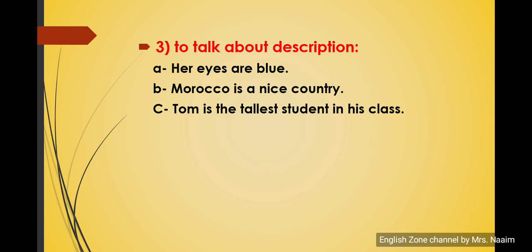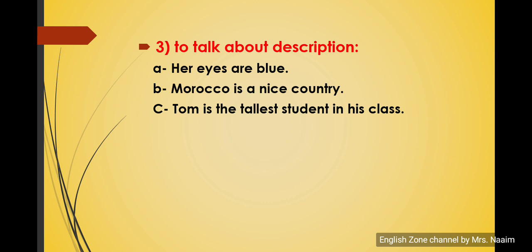So هنا في هذه الأمثلة الثلاث قمنا بالوصف. في المثال الأول وصفنا عيون الفتاة. في المثال الثاني وصفنا المغرب على أنه بلد جميل. وفي المثال الثالث وصفنا توم على أنه أطول تلميذ في القسم الذي يدرس فيه.